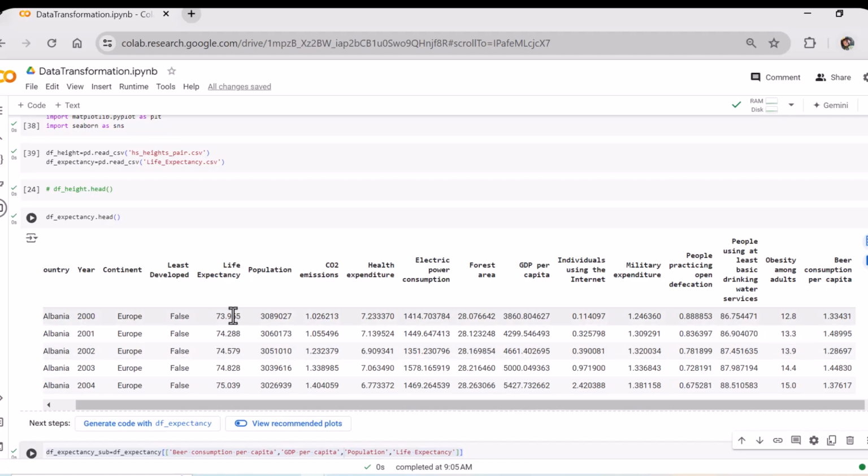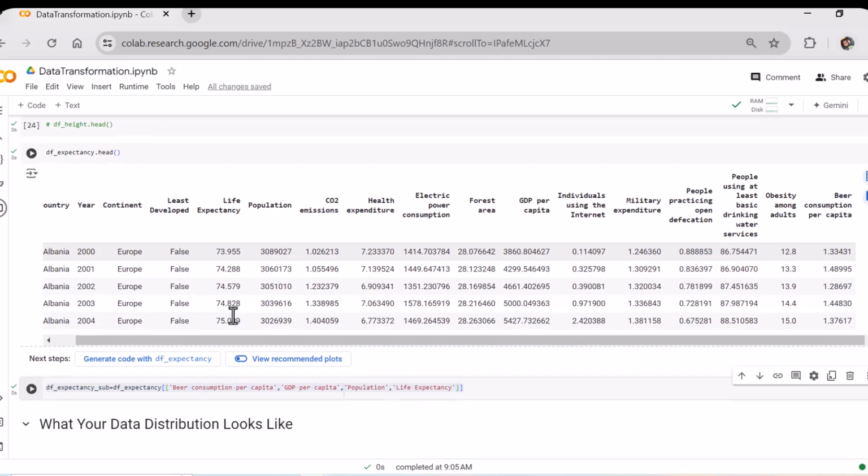The target variable over here is life expectancy, and the corresponding features or factors which are likely to affect life expectancy. Some of them are population, CO2 emission, forest area, and so on.